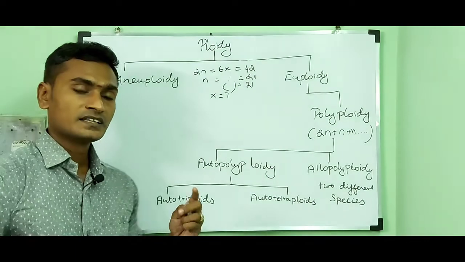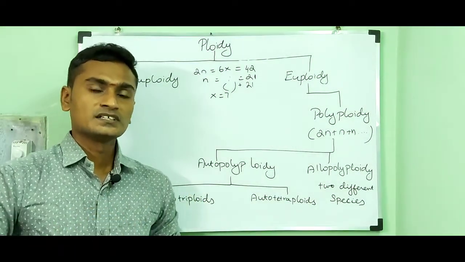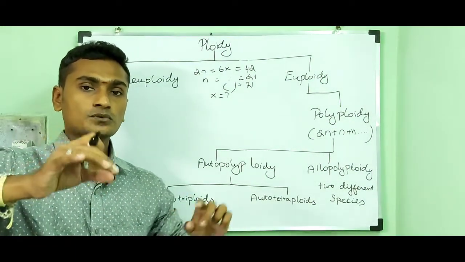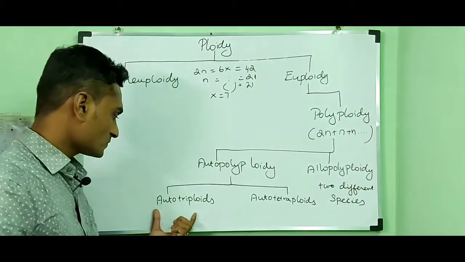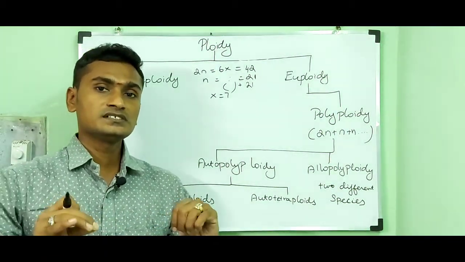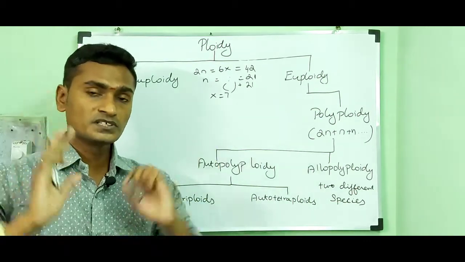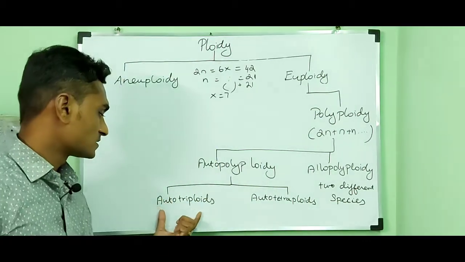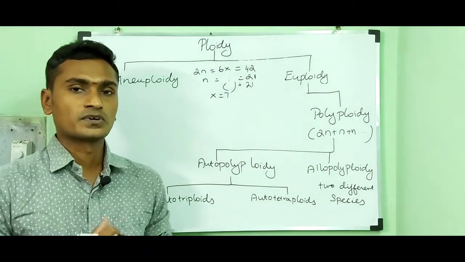Autotriploids means the organism possesses three sets of chromosomes of its own genome, and that organism is called an autotriploid.